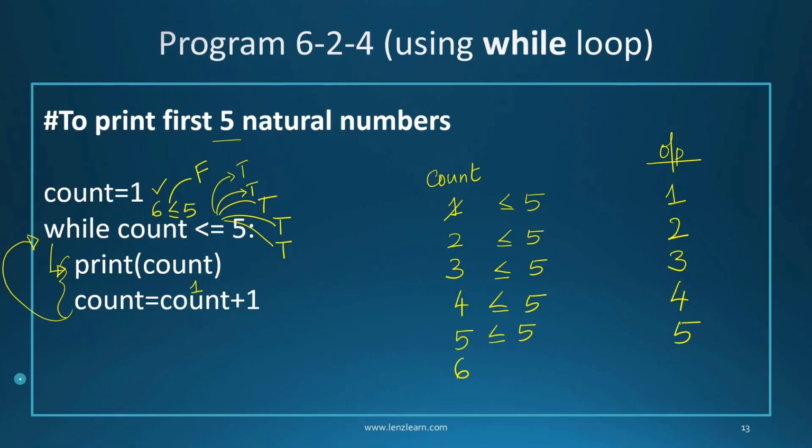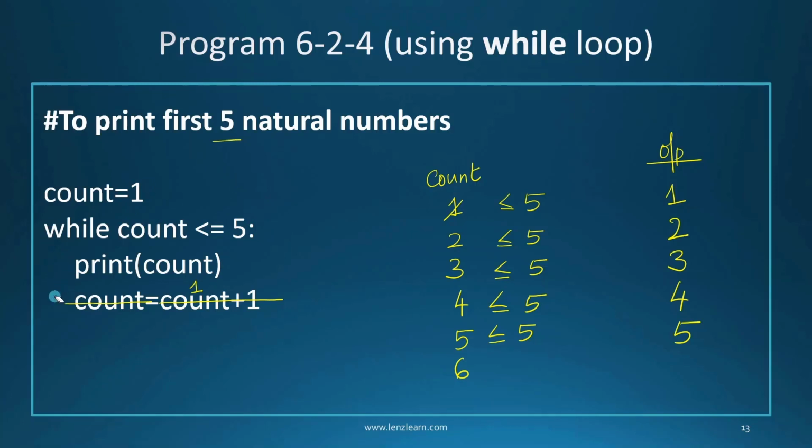Right? Now I told you about a condition in which if you forget to increment the counter variable, you can have an infinite loop. Assume that you forget to write this line, okay, this last line. Now what will happen to your program? Right? Just think about it.